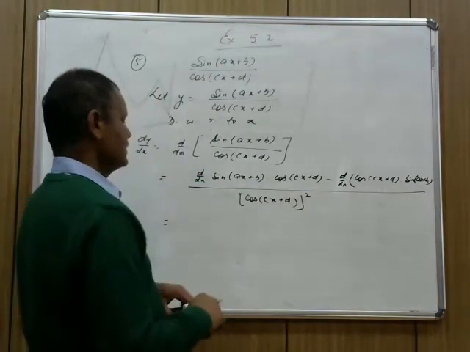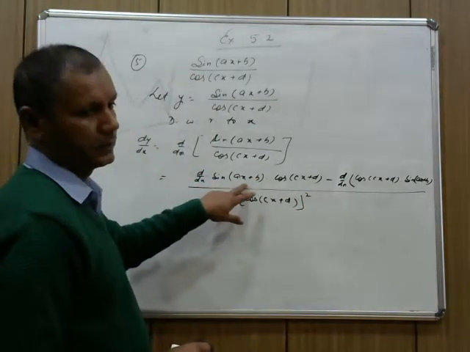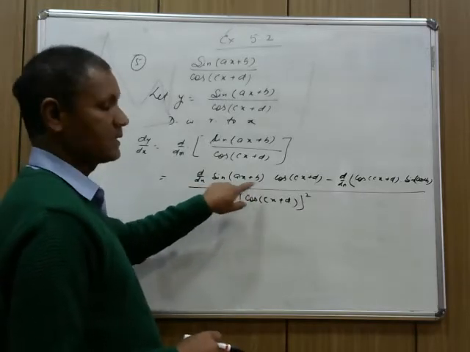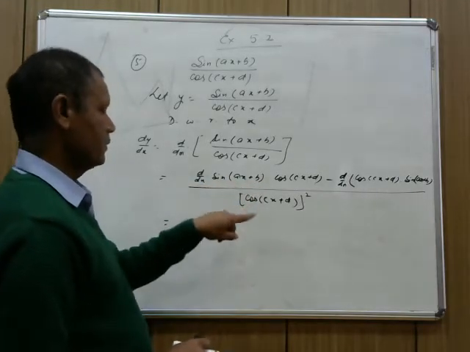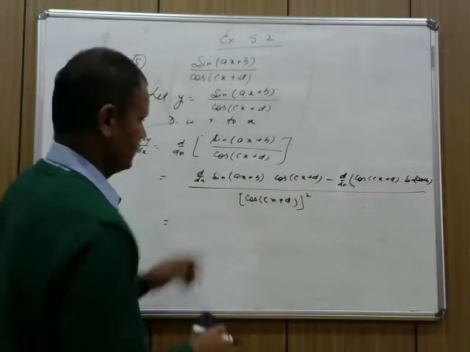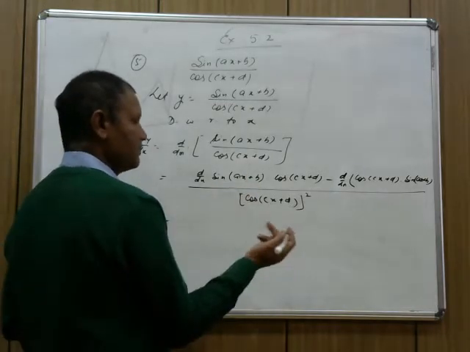Now, differentiation of sin(ax + b) will be what? cos(ax + b), and again we'll have to differentiate ax + b. The differentiation of ax + b will be simply a.